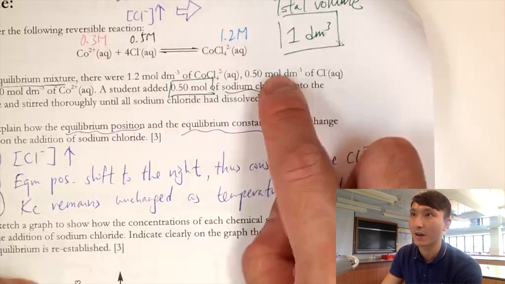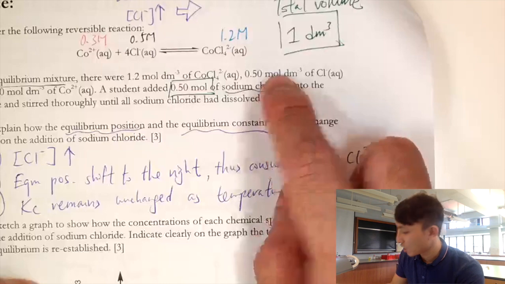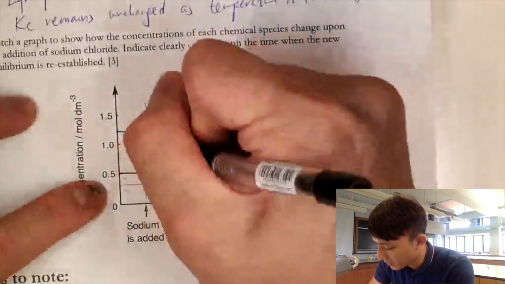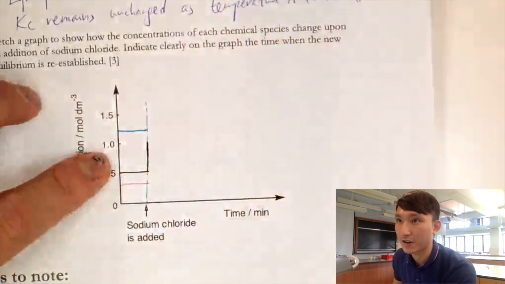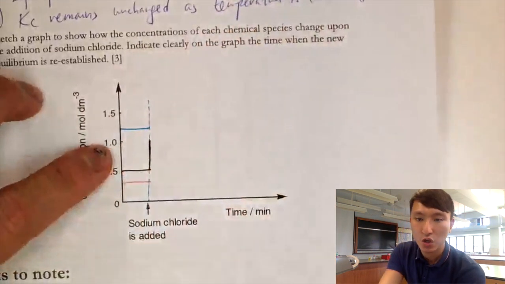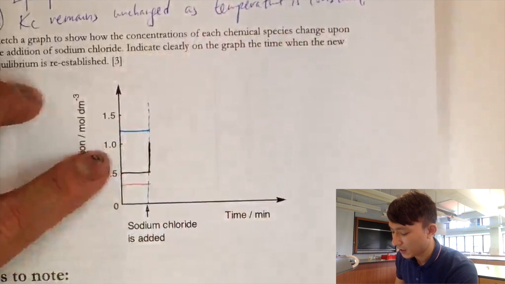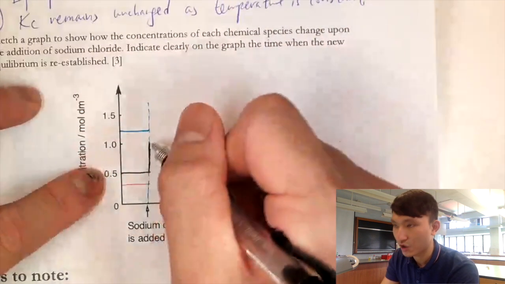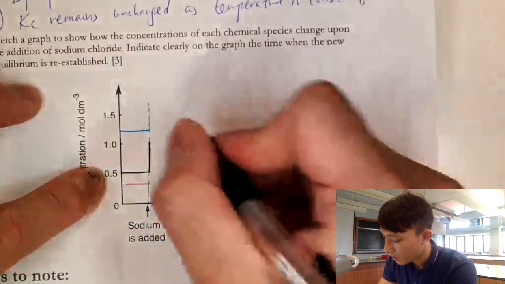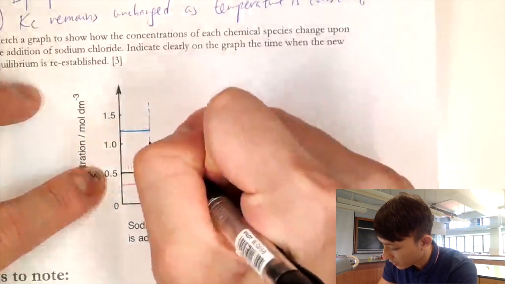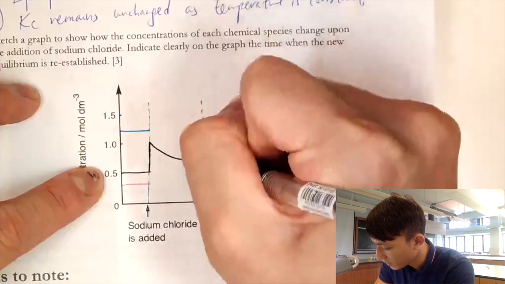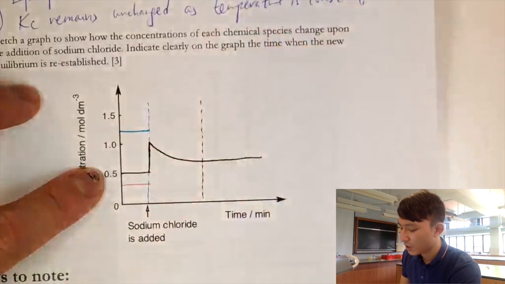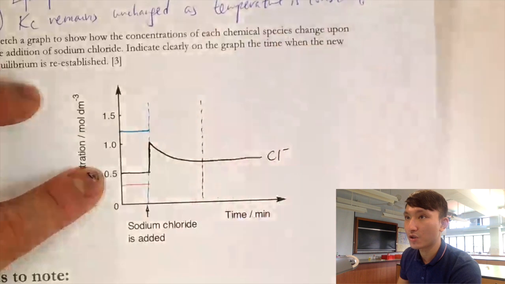So all of a sudden the concentration of chloride ion jumps to a very high concentration. According to Le Chatelier's principle, we want the concentration to decrease. This one will slowly decrease until they reach a new equilibrium, probably at around this point. So this is the chloride ion concentration.